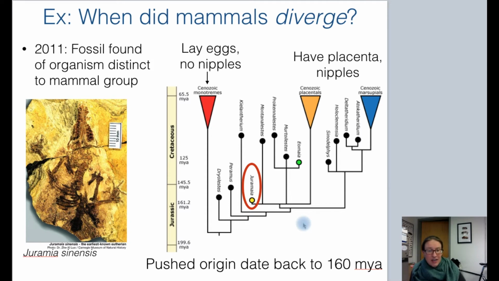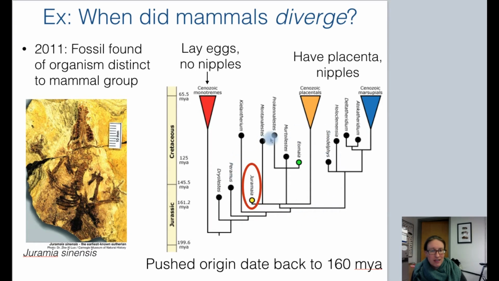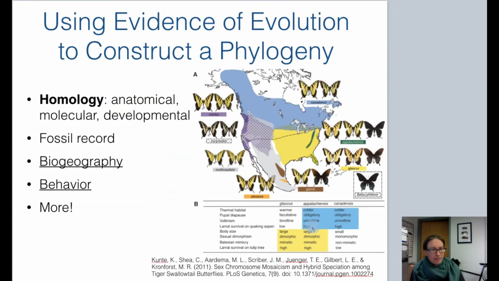Specifically, because we were able to date how old this fossil was and position it in relationship to other groups of organisms, it pushed back our estimate of when this larger group of organisms diverged by 160 million years ago.